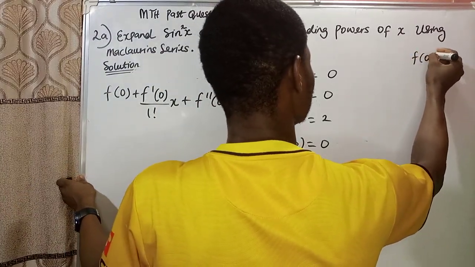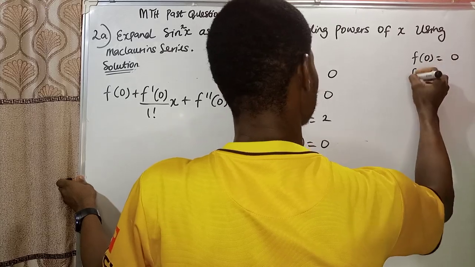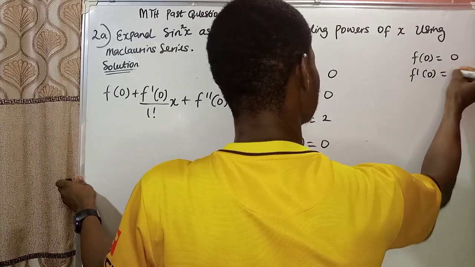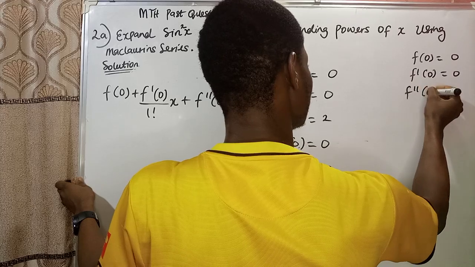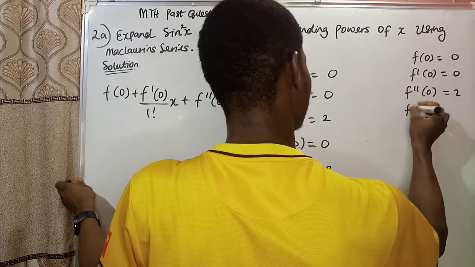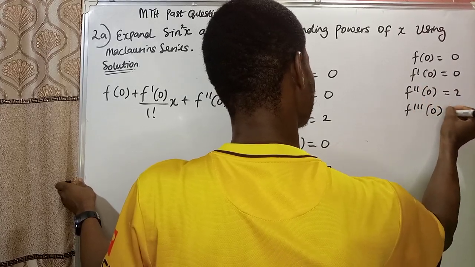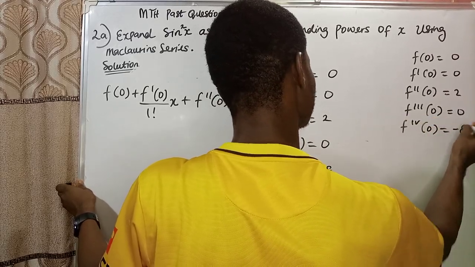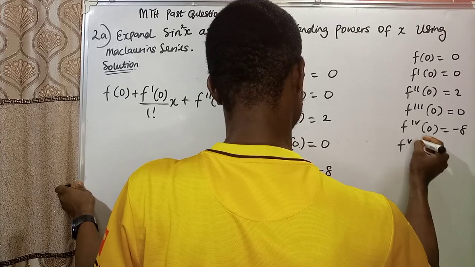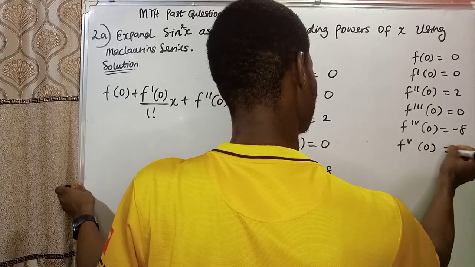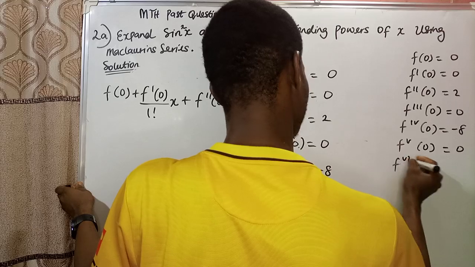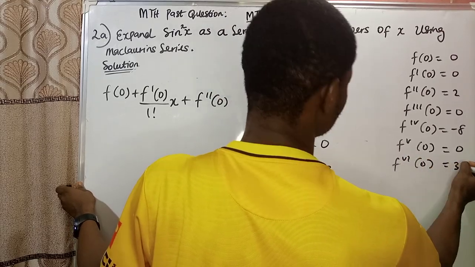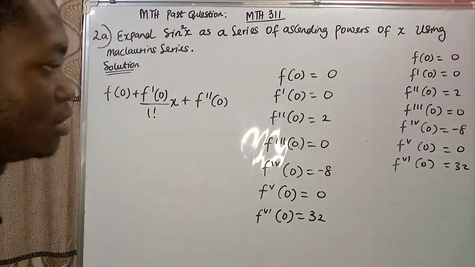F of 0 is equal to 0. F prime of 0 is equal to 0. F double prime of 0 is equal to 2. F triple prime of 0 is equal to 0. F iv of 0 is equal to minus 8. F v of 0 is equal to 0. F vi of 0 is equal to 32. So all these things are represented here.